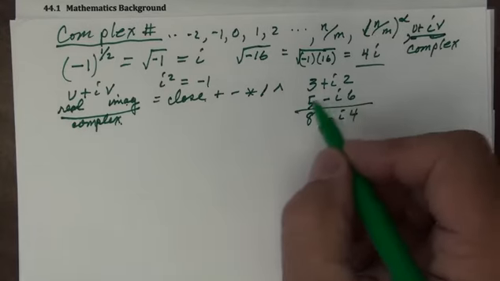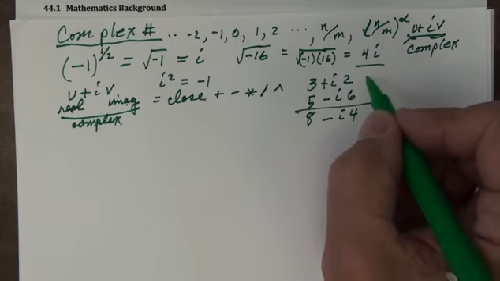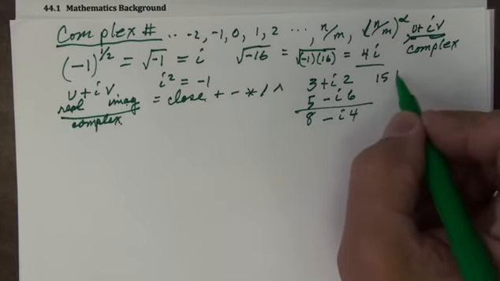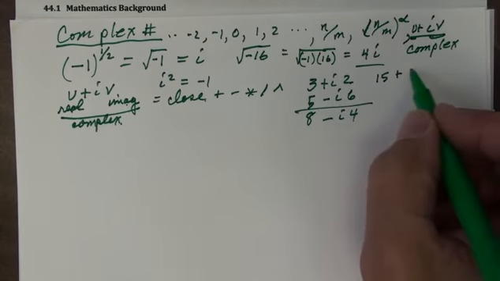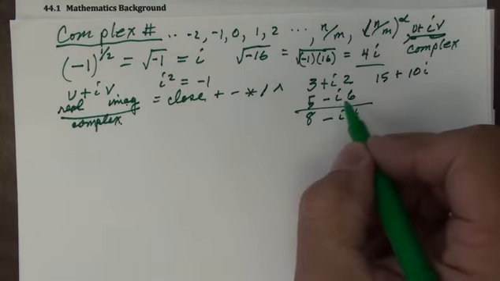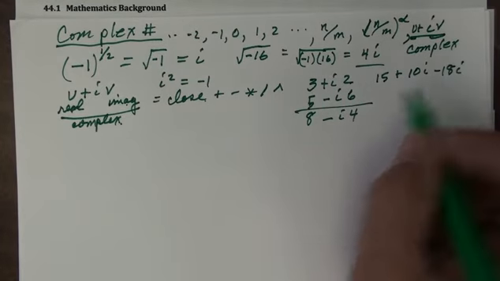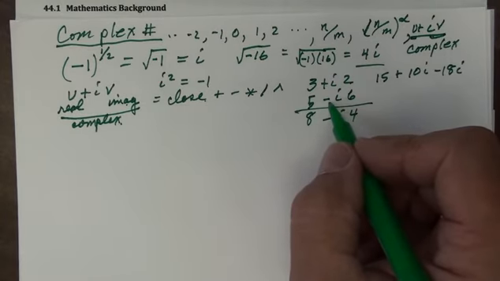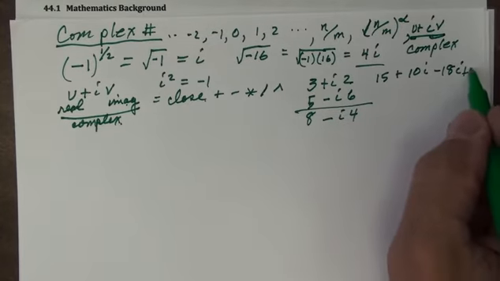If I multiply these 2 numbers, then I would get this times this. I would get 3 times 5 is 15, plus, just like with algebra, I'd have plus 10i, minus 3 times 6 is 18i, and then we'd have an i times an i, which is a -1 with a minus sign, which is a +1. 6 and 6 is 12, plus 12.